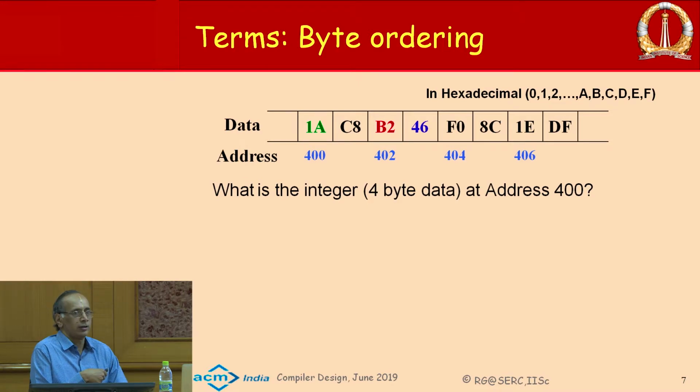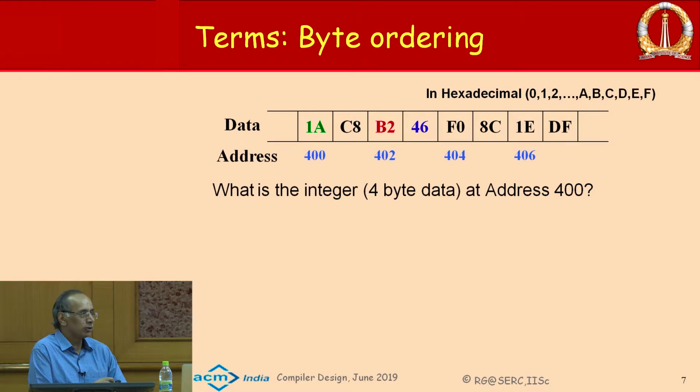Now we need one more convention to say, of these 4 bytes, which one is the most significant byte and which one is the least significant byte. We are all used to reading from left to right, so I would like this to be my most significant byte.